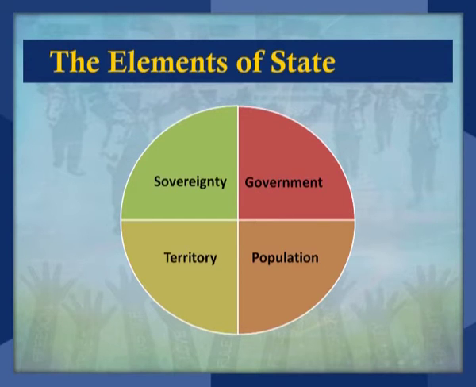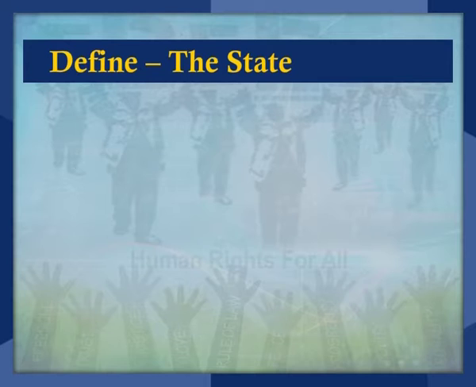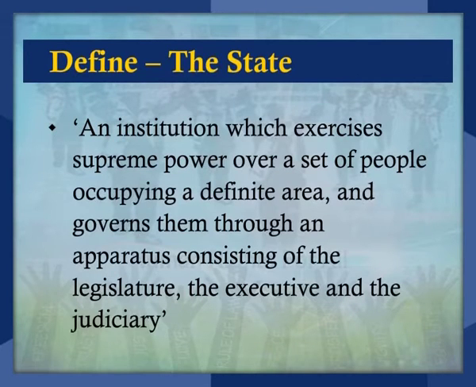The other three elements include population, territory and sovereignty. So, we can define the state as an institution which exercises supreme power over a set of people occupying a definite area and governs them through an apparatus consisting of the legislature, the executive and the judiciary.